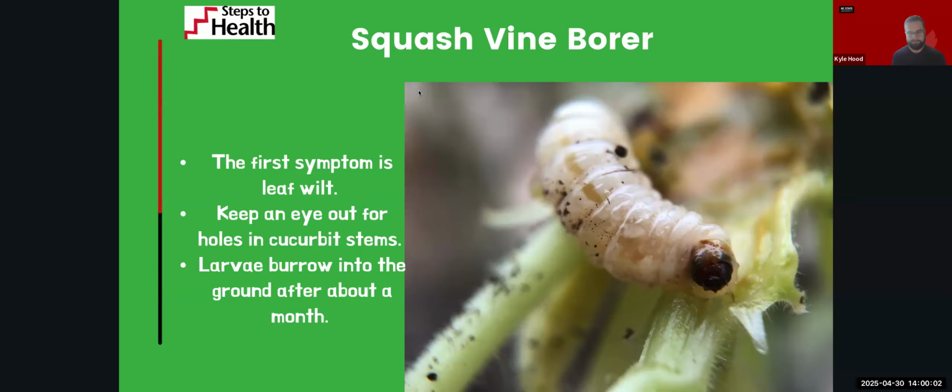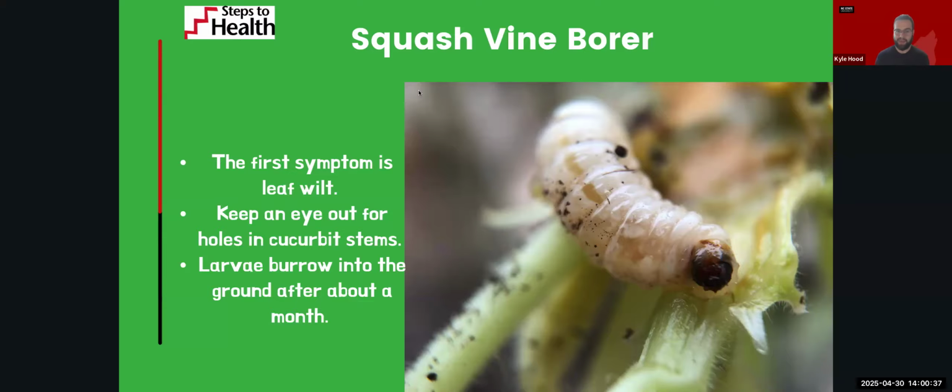If you don't know about them, they bore into the stems of squash plants or really any plant in the cucurbit family. So you're thinking watermelons, cucumbers, squash, zucchini, cantaloupes, all that good stuff. Some of our favorite summer vegetables. They bore into the stems, and the first visual symptom you'll often see of their damage is that the leaves on part of your plant will start wilting.